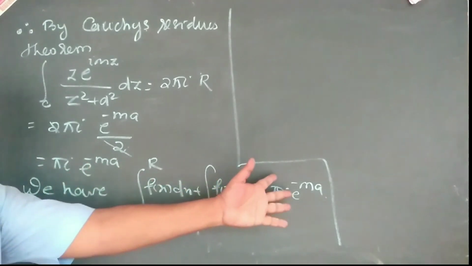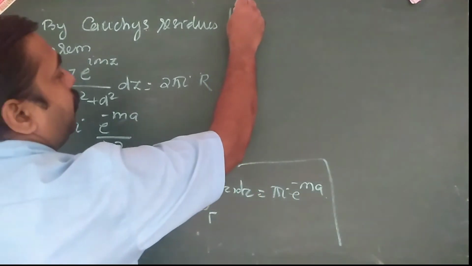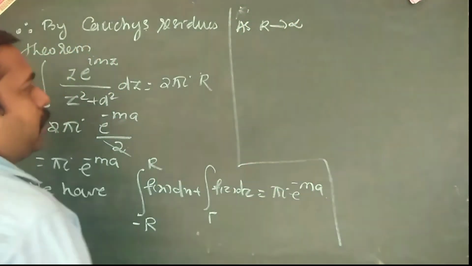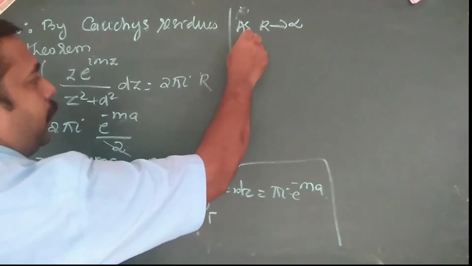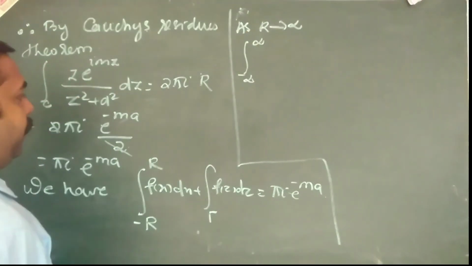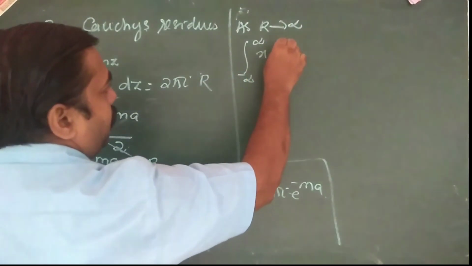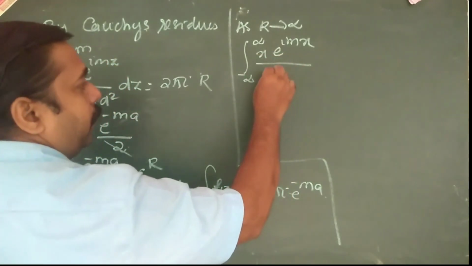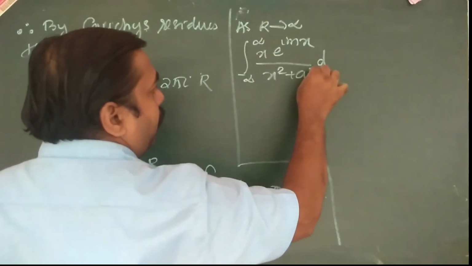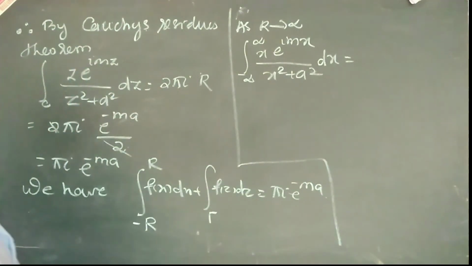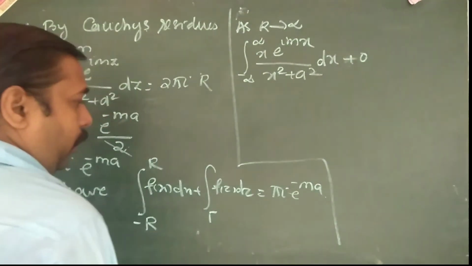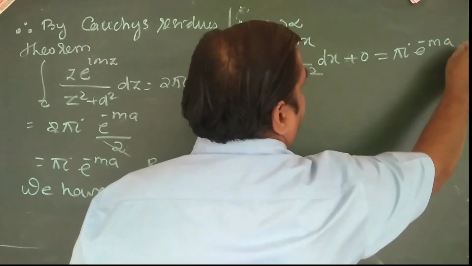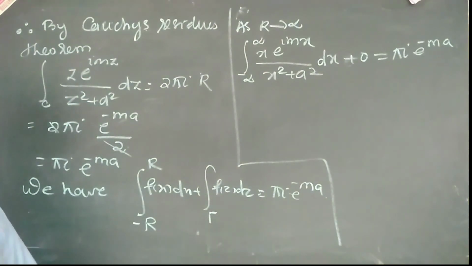As r tends to infinity, the integral from minus infinity to infinity of our function, that is x e raised to imx divided by x square plus a square dx, is equal to pi i e power minus ma, because this tends to 0.